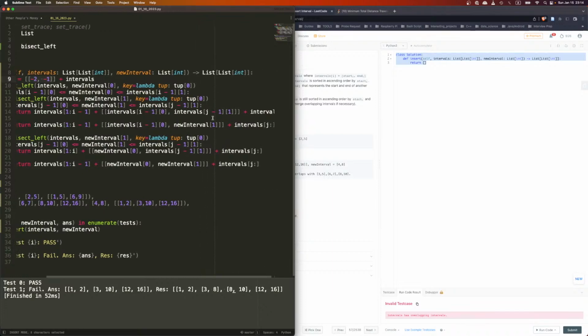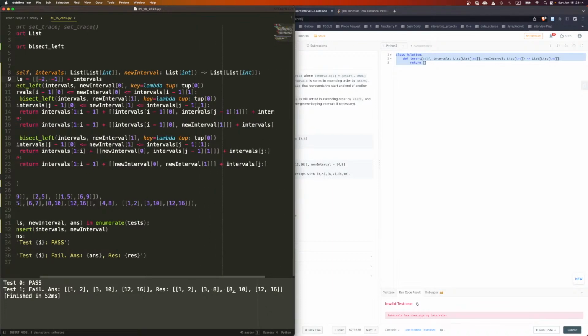Something is wrong. Okay, hold on. So we have the ending. The ending has some issues. We didn't merge this one. So the j, right? If the j is interval 1, j is smaller than this and is smaller than this.